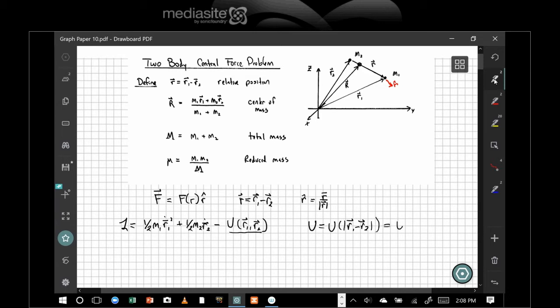So U is really going to be a function of little r by itself. And that's really useful because then it will not be a function of capital R. And so we'll see what comes from that. Okay, so now what I want to do is rewrite the Lagrangian I have there in terms of little r and big R. So let's do that next.